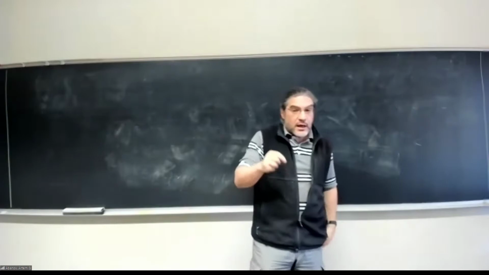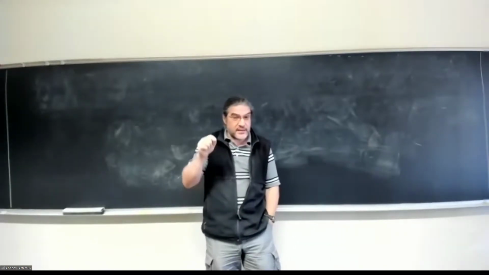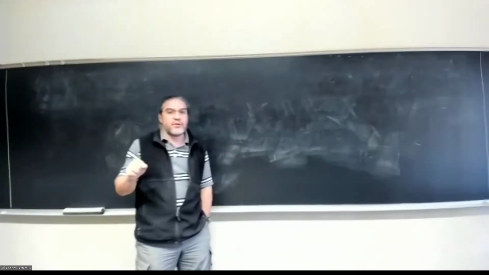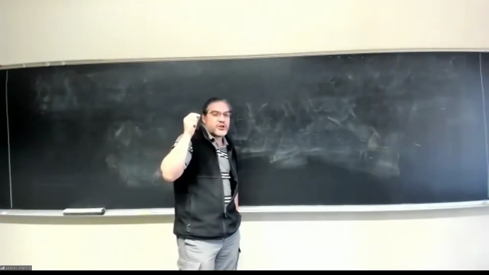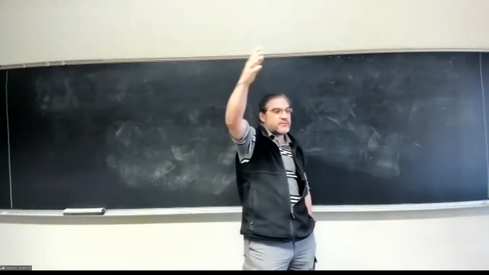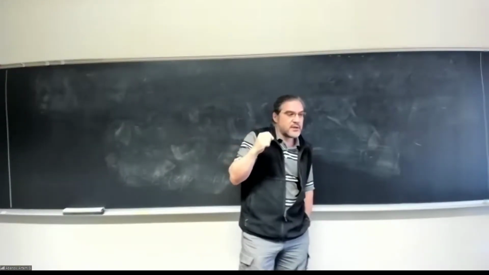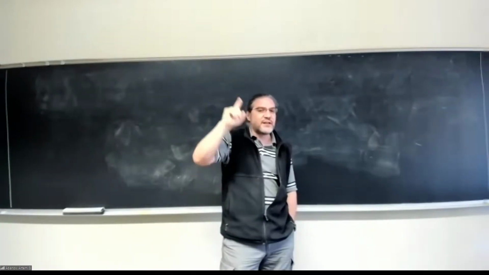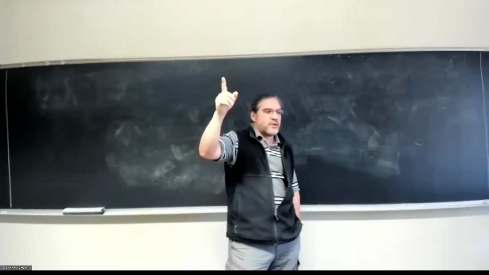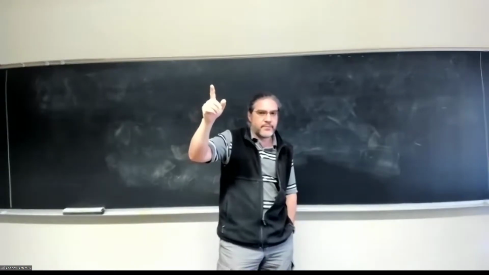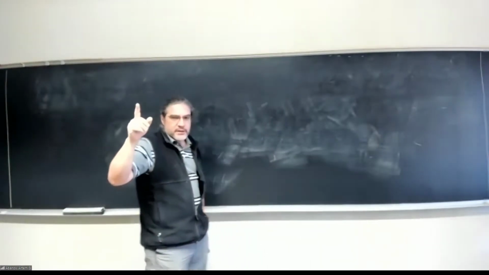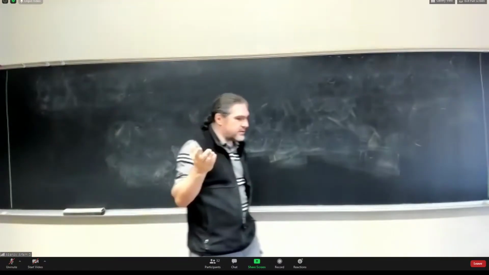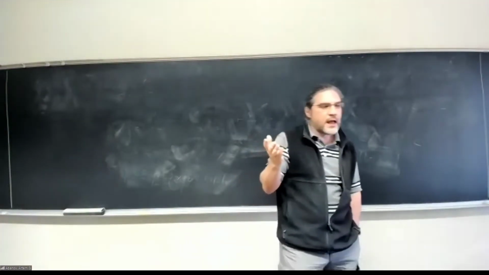Now, I also want you to understand that it takes 2.5 million years for the light coming from Andromeda to reach us, right? What it means is that when we observe Andromeda, we see the light which was emitted 2.5 million years ago. That's how much time the light took to travel.